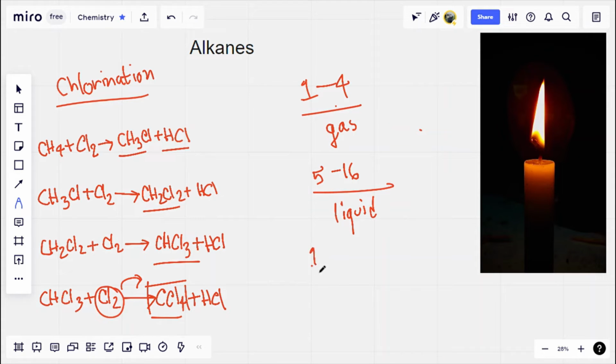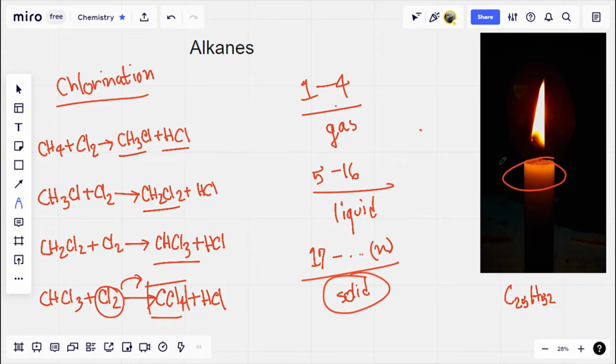And from 17 to so on to n number of carbon, they are all in solid form. Here I have a picture of a candle, and a candle is an alkane because it has 25 carbons and 52 hydrogens in it. And I noted that from alkane 17 to n number of carbons are wax solid. So candle is a solid substance. Now, you should know that alkanes do not conduct any type of electricity passing through it.